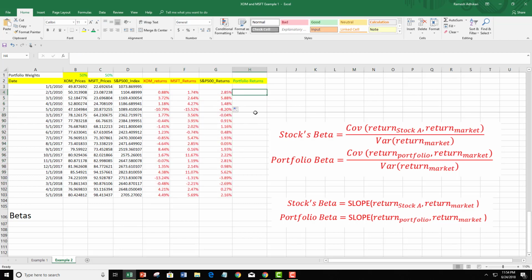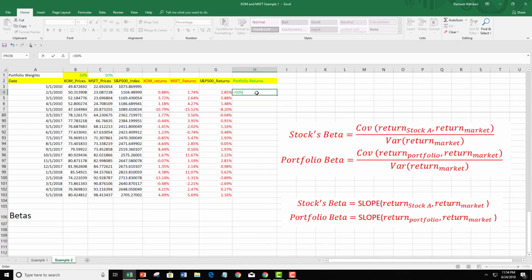Now I also need historical portfolio returns. So in order to compute this, what I have to do is combine the individual stock returns and compute portfolio, and that equals to 50% times the XOM return plus 50% times the MSFT return.